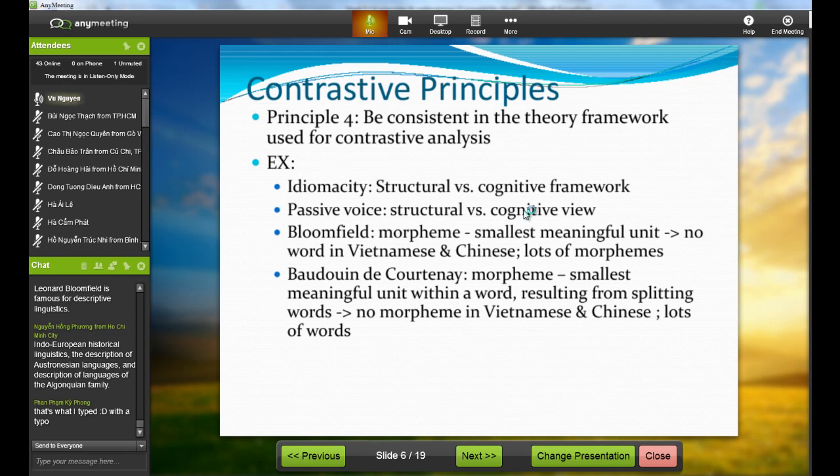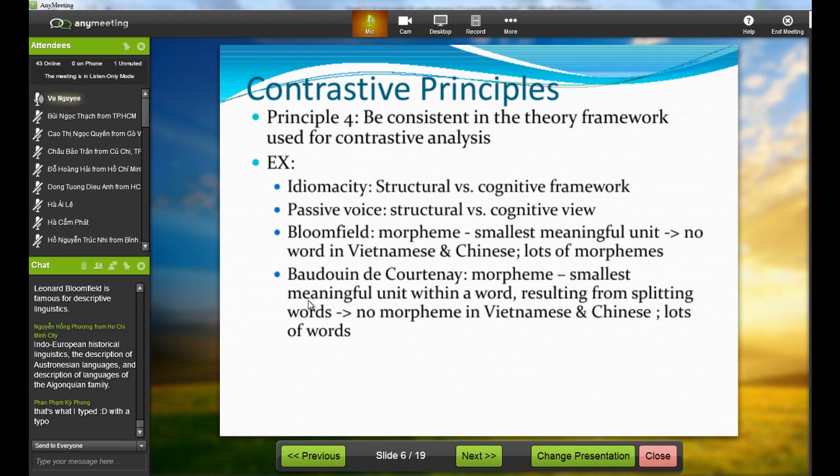However, if we adopt the theory of Baudouin de Courtenay, that a morpheme is the smallest meaningful unit within a word, and a morpheme is the result of splitting words, then we come to the conclusion that in Vietnamese and in Chinese there are no morphemes, because according to this definition, morphemes are results of splitting words into smaller units.